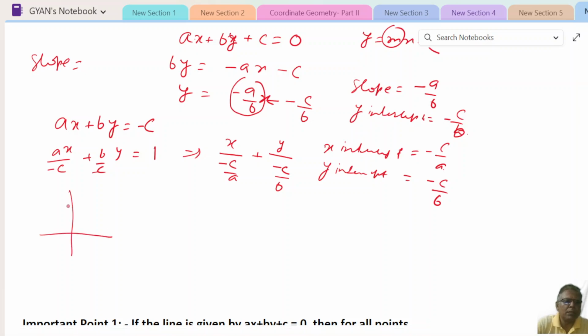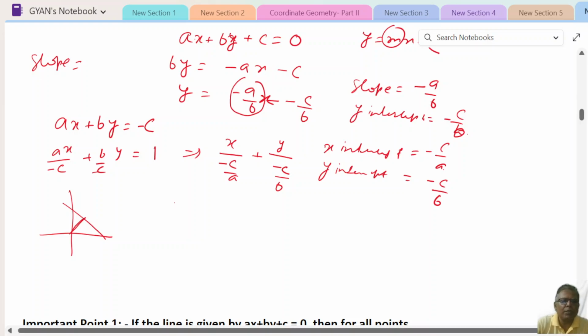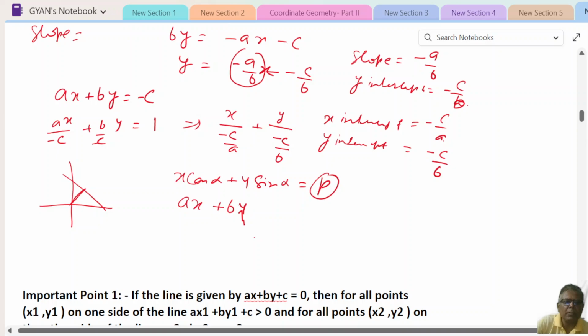Now you have to find the normal. Suppose you have to find this one. So you have to write it in the form x cos alpha plus y sin alpha equals p. So this p will give you the normal. How can you find it? ax plus by is equal to minus c.